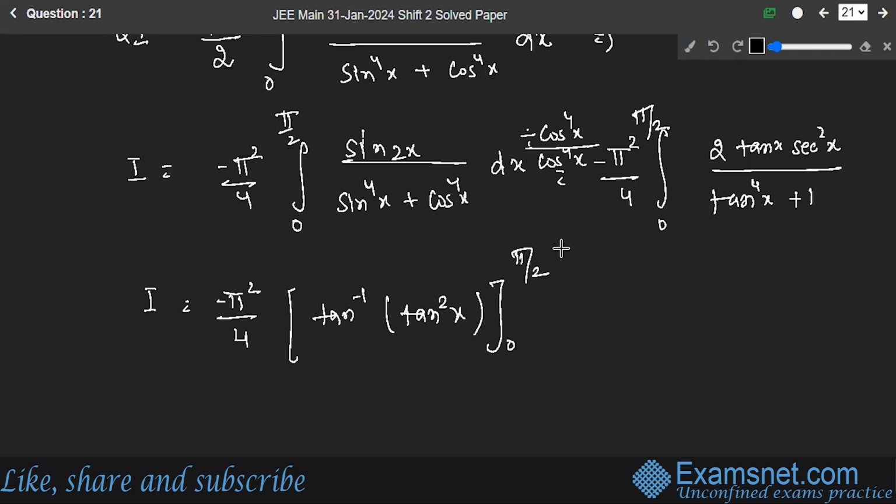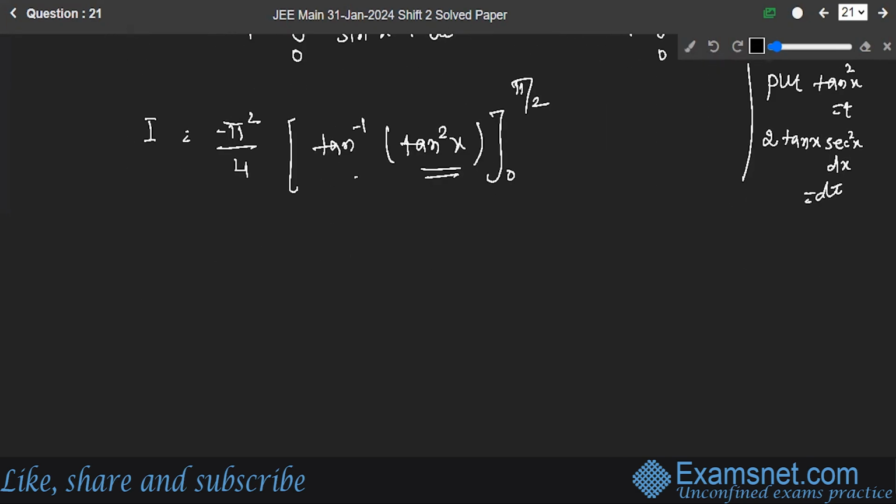Ultimately, if you put tan square x equal to t, that makes 2 tan x sec square x dx equal to dt. Using that, the denominator will be 1 plus tan square x whole square. This is nothing but the inverse tangent of t, that is inverse tangent of tan square x. Hope you're getting this.